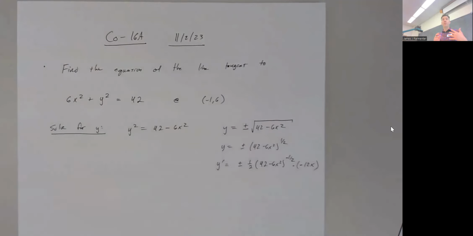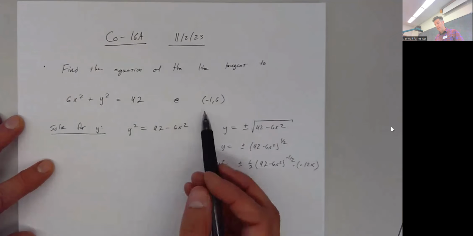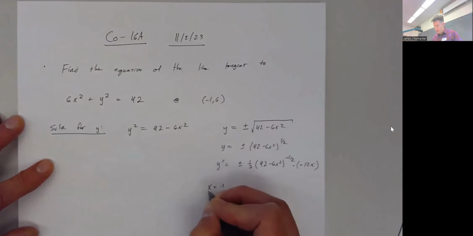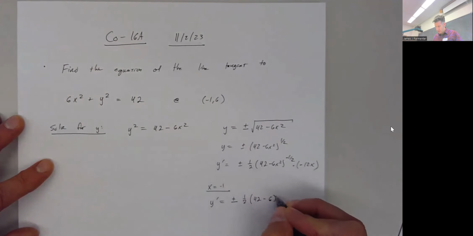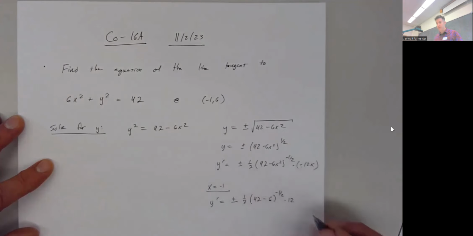Here's what's challenging about doing it this way. If you're trying to figure out what the slope is actually equal to, and I plug in x equal to -1, I end up getting y prime equal to plus or minus 1/2 times (42 minus 6) to the -1/2 times -12 times -1, which is positive 12.